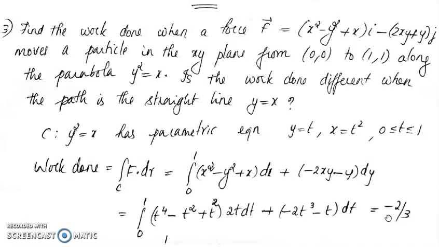So in the last class we saw the case of conservative vector fields. So if F can be expressed in the form f equal to del phi. Okay, so we have a vector field f.